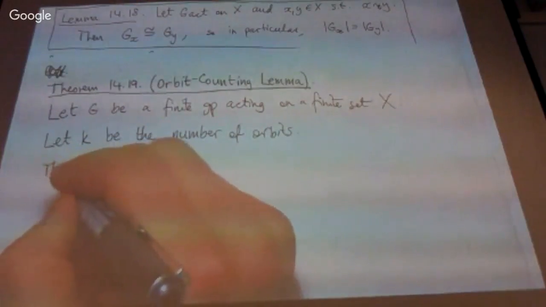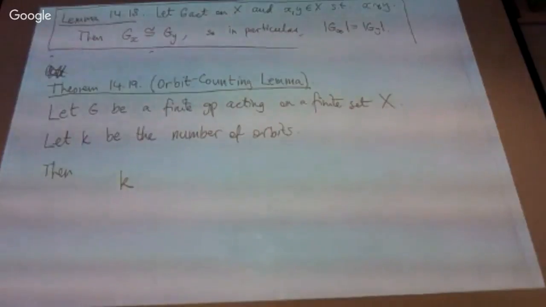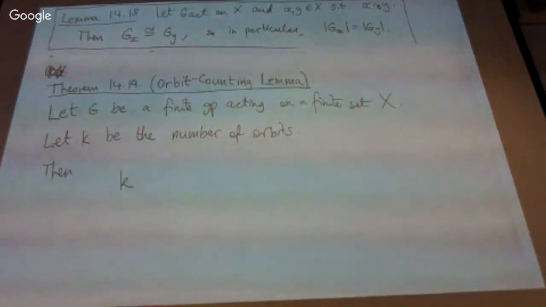Then K is what? The average number of fixed points.